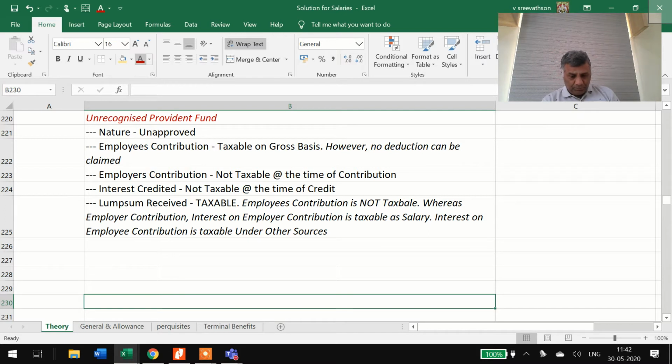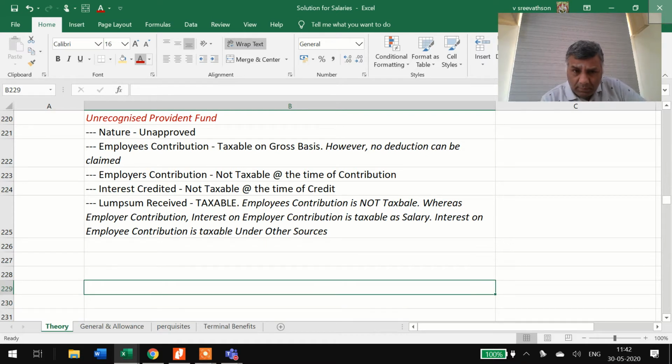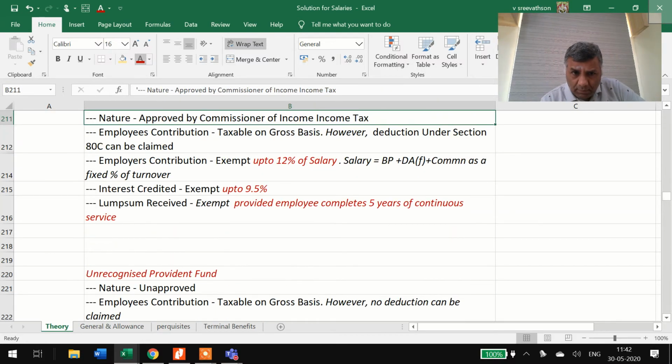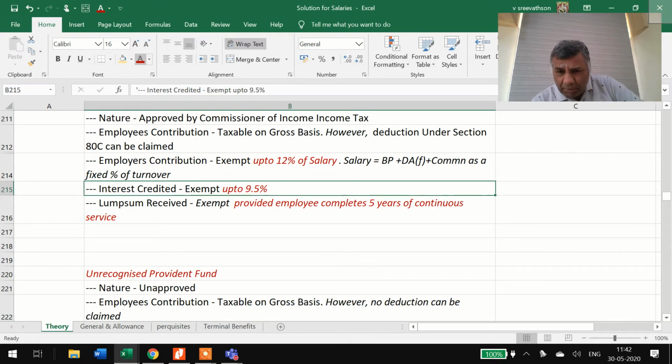Under RPF interest credited, exempt up to 9.5%. That percentage is on the amount of interest. Right? Amount of deposit. 1 lakh you deposited, 9,500 rupees is exempt.